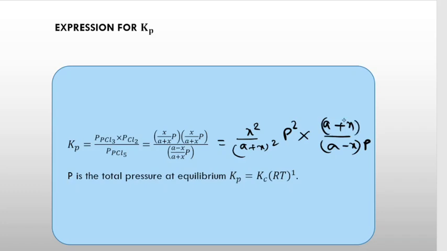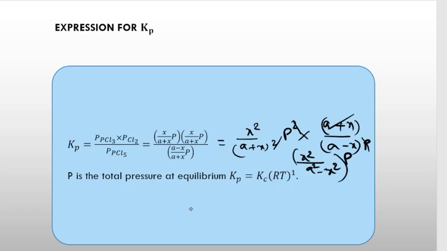By cancelling the like terms, you will get X square by A square minus X square into P, as (A plus B) into (A minus B) is equal to A square minus B square. And this is the final expression for the Kp for the given equation.